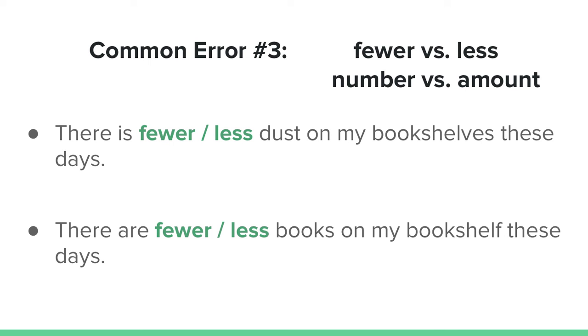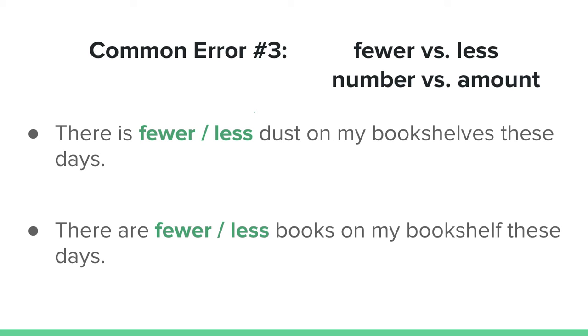All right, here are two sentences. Let's see if we can determine whether we should use fewer or less in each one. The first sentence: there is fewer dust on my bookshelves these days, or there is less dust on my bookshelves these days. Well, can you count dust?